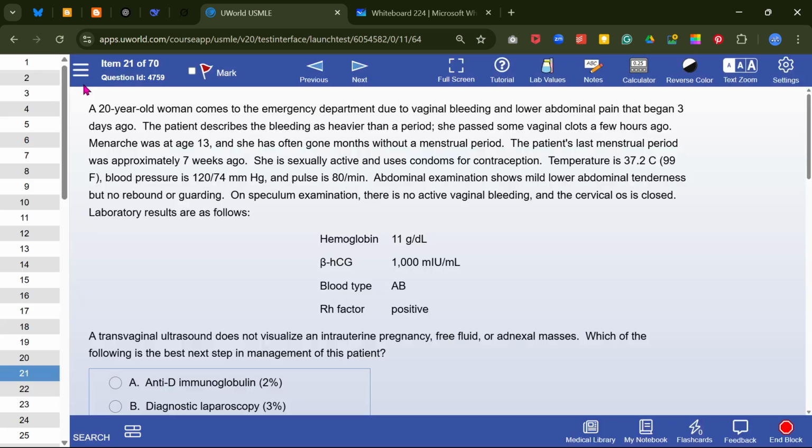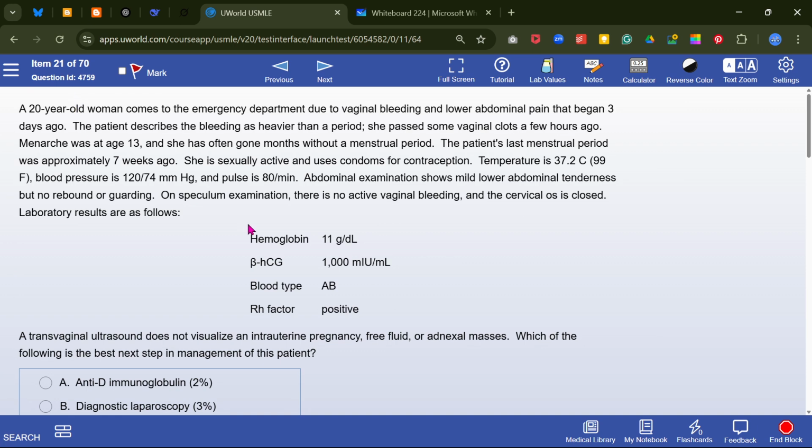Now I will show you the technique to find the diagnosis. Vaginal bleeding, lower abdominal pain. First find the triad: vaginal bleeding, lower abdominal pain, and she has gone months without a menstrual period.